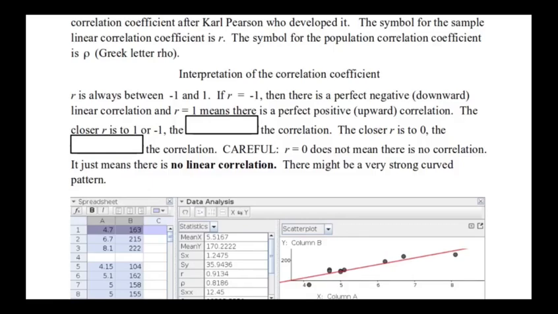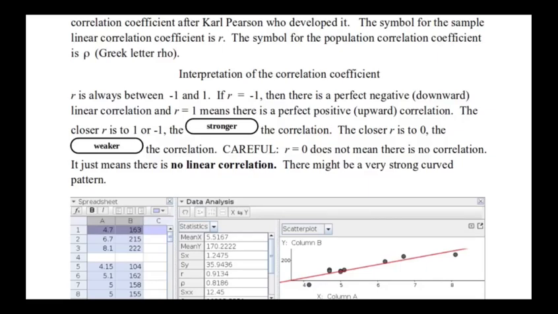If r equals -1, then there is a perfect negative, that means downward, linear correlation. And r equals 1 means there is a perfect positive, that is upward, correlation. The closer r is to 1 or -1, the stronger the correlation. The closer r is to 0, the weaker the linear correlation.